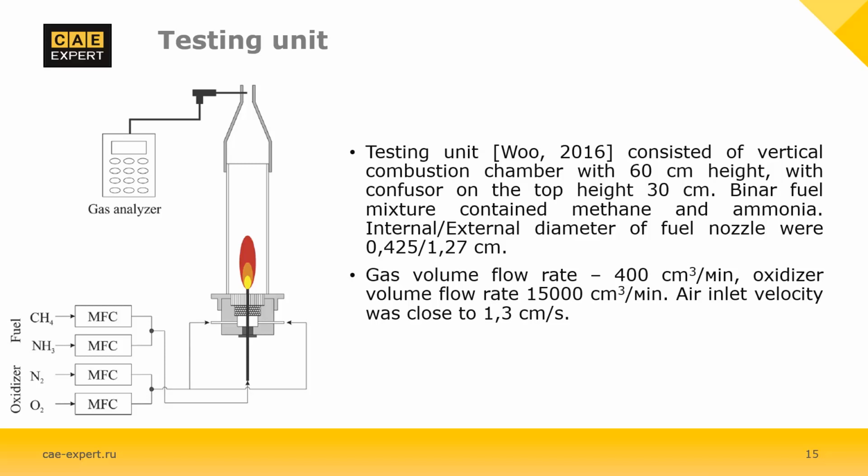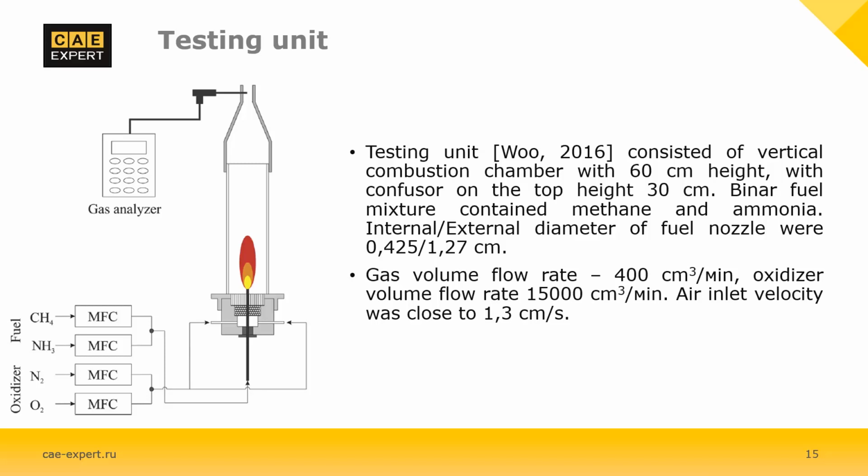Chemically pure oxygen and nitrogen were supplied at a constant flow rate of 15,000 cubic centimeters per minute, mixed in various proportions of oxygen and nitrogen, with a co-flow with inner diameter of 15.6 centimeters. The oxidizers were supplied through the glass beads and a honeycomb for flow uniformity.